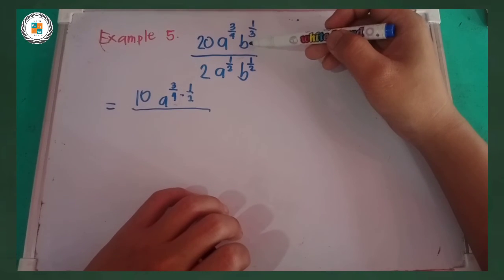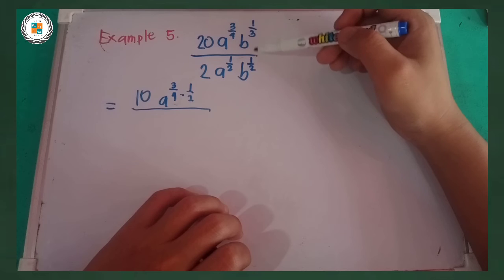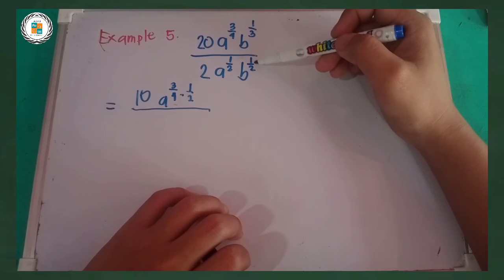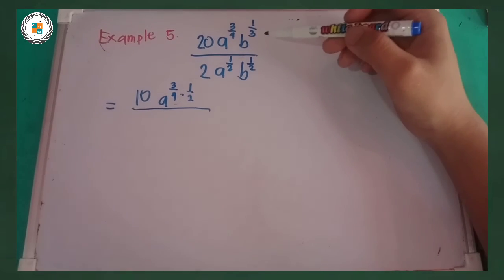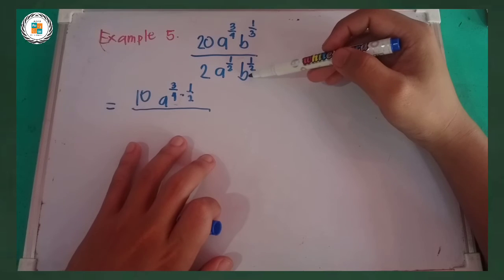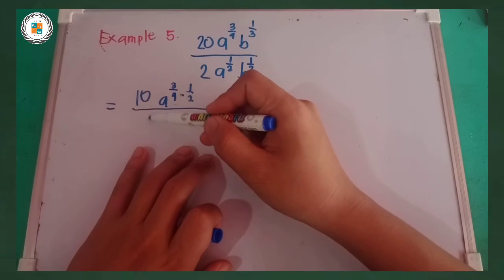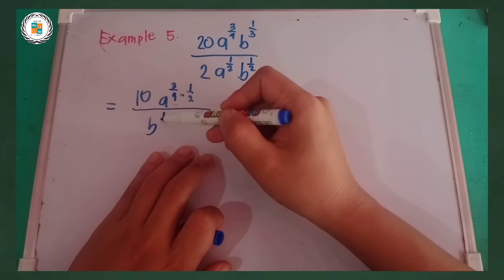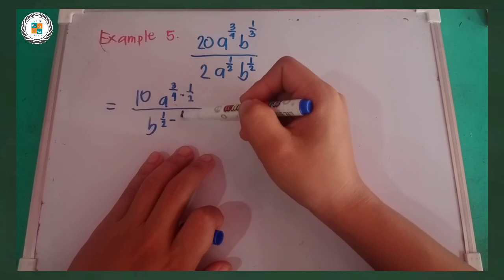And b raised to the power of 1/3 over b raised to the power of 1/2. They have the same base, so we copy, then subtract their exponents. But which one is bigger? 1/3 or 1/2? It's 1/2. So in the denominator we subtract. So b raised to the power of 1/2 minus 1/3.